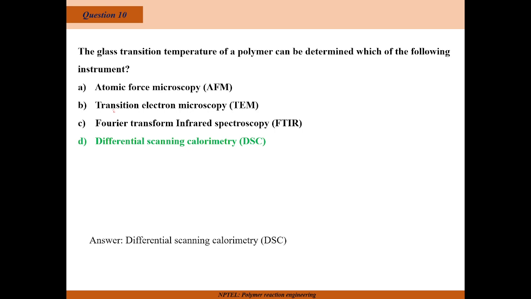FTIR, which is Fourier transform infrared spectroscopy, gives us information about the functional groups present in the material. Suppose a material has an OH group, or a COOH group attached to it. Suppose we have graphene oxide.